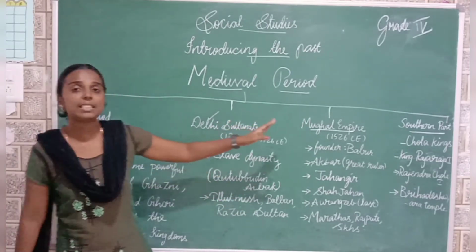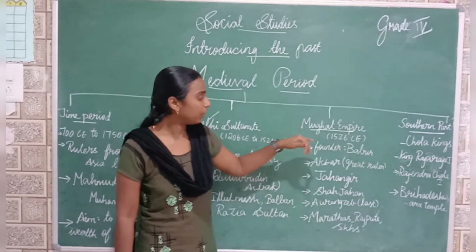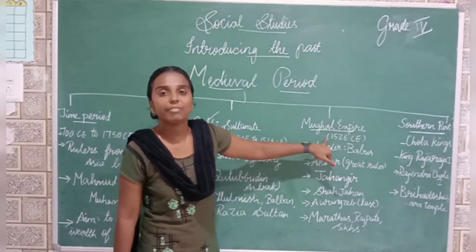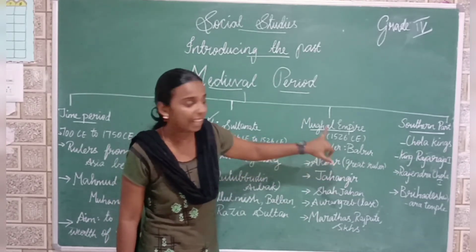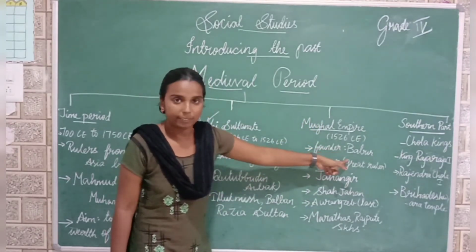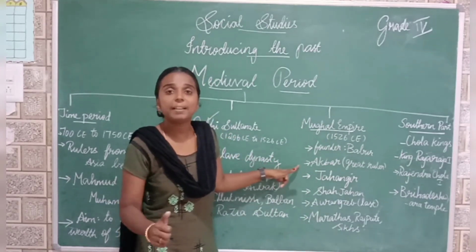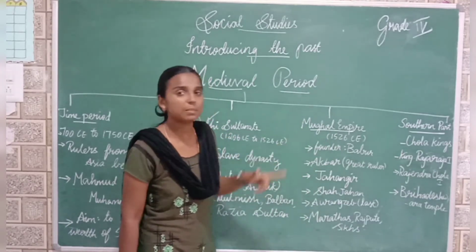Next to this Delhi Sultanate, the Mughal Empire became more powerful, and the Mughal Empire was from 1526 Common Era, and it was formed by Babur. And next to Babur, who came to rule? Akbar, and Akbar is the greatest ruler of this Mughal Empire.